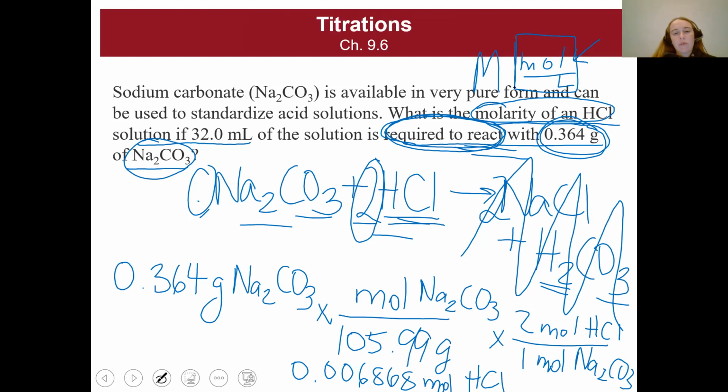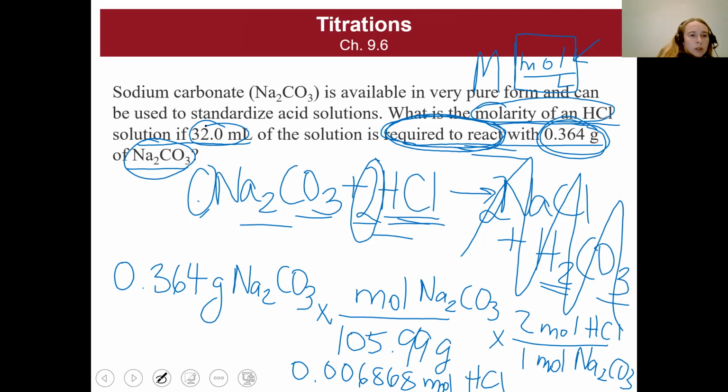All right, so we have moles of HCl, and we want to get moles per liter. So where can we find the number of liters that we need? In the question. The question gives us 32 milliliters, but we can easily convert that to liters. There's 1,000 milliliters in a liter.